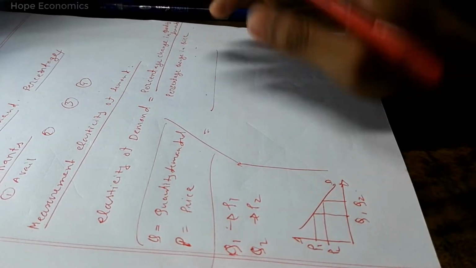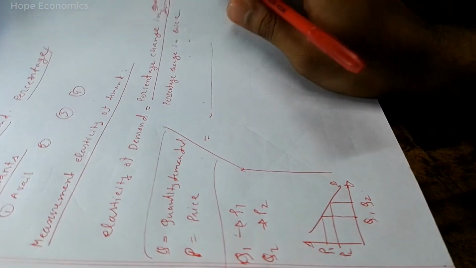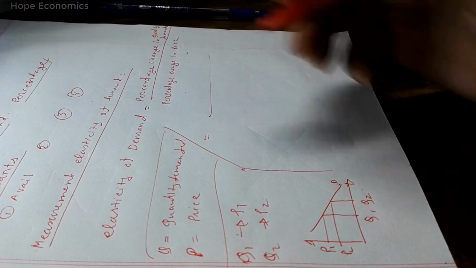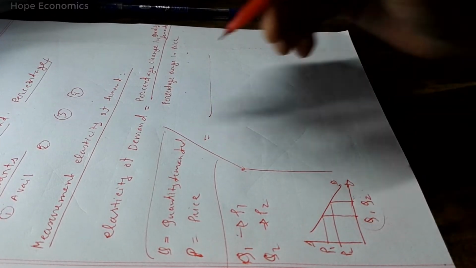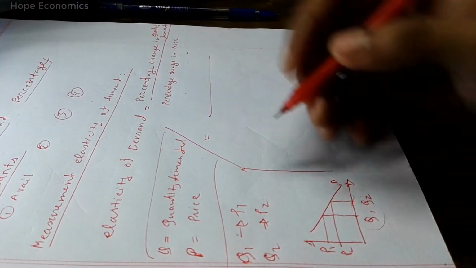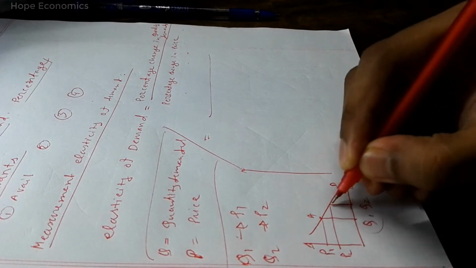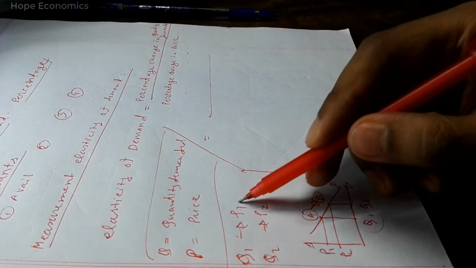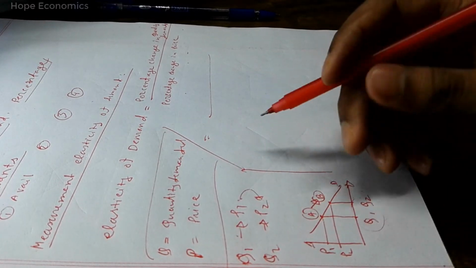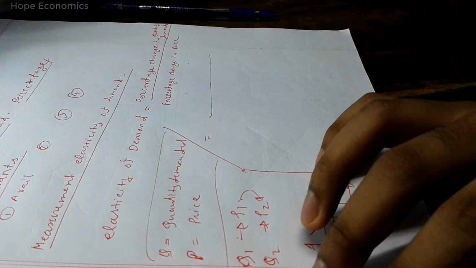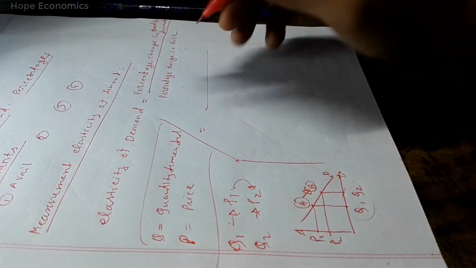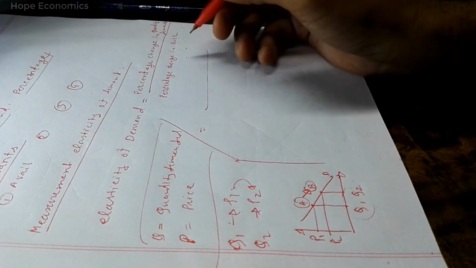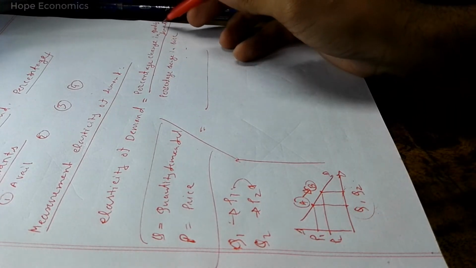So if we want to place it in here, the first one is percentage change in quantity demanded. These are our two ingredients by which our movement point is from A to B. That means from this one to this one. So how does the percentage actually change, or what is the elasticity? Let's calculate percentage change in quantity demanded.